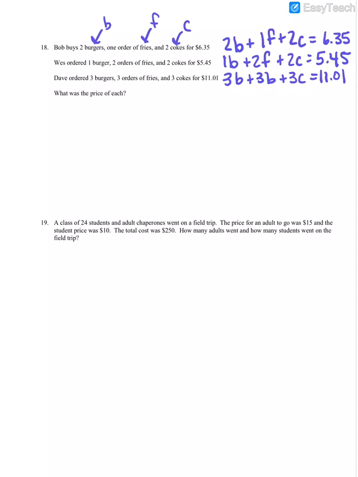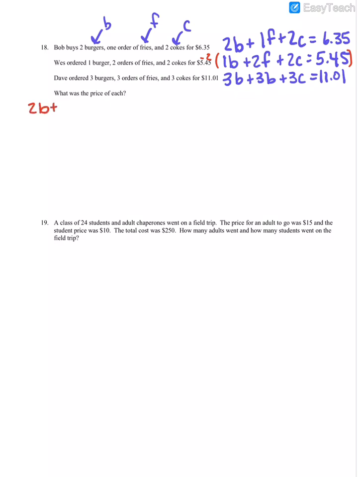Alright, so now you have to make a game plan on what you want to get rid of. It doesn't really matter. I think I'm probably going to get rid of burgers. So if I get rid of burgers, the B's, I need to multiply this guy by -2.